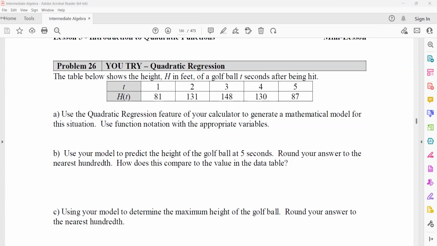Now my y, the minimum y is 81, so I'm going to do 80, or you could do 75. My maximum is going to be 148, so I'm going to do maybe 150 or 160. Let's do 150. Okay, 150. Yeah, this should be better.